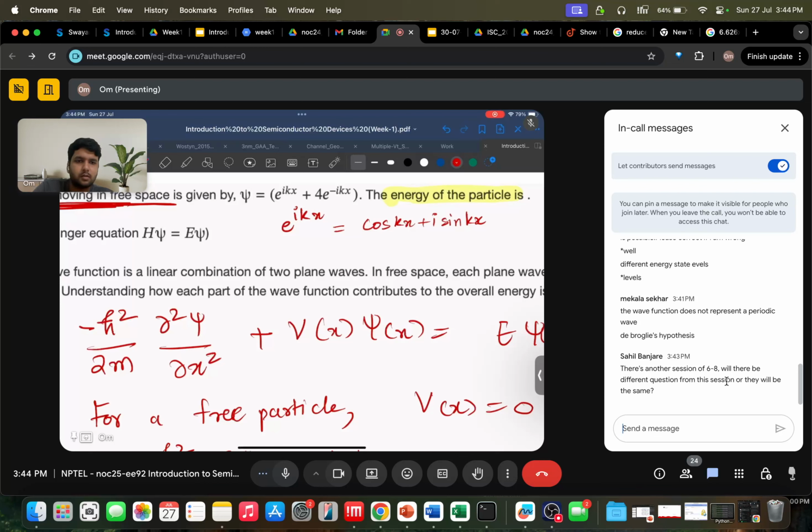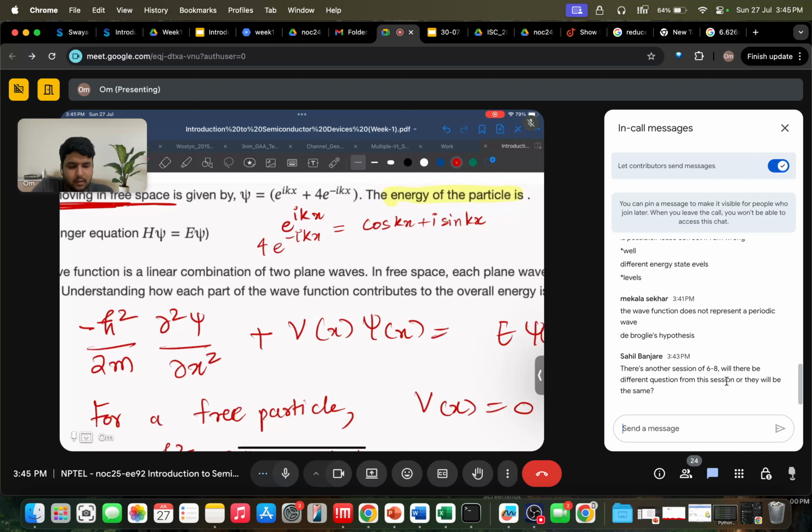Plus you add another, e to the power minus i kx, which is cos kx minus i sin kx. I may be incorrect about these signs, but it is again only cos and sine terms. So what do you mean by non-periodic? And why is that important in this context? That I'm not sure.